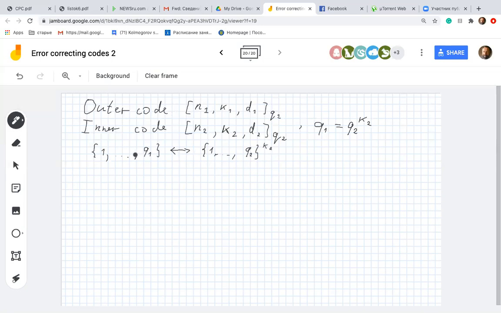So each letter of the outer alphabet may be understood as a sequence of letters of the inner alphabet. From this pair, using concatenation, we can construct the code which is called the concatenated code.